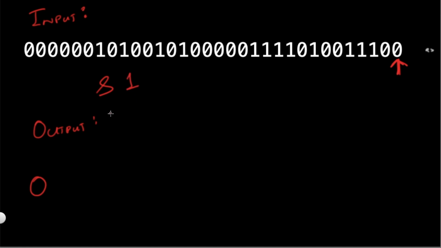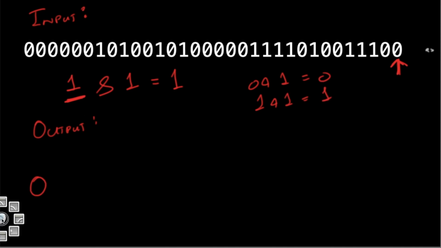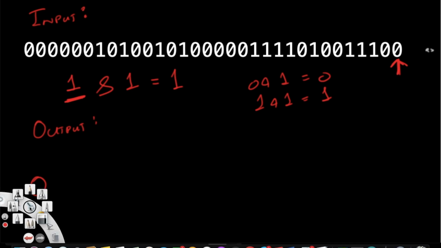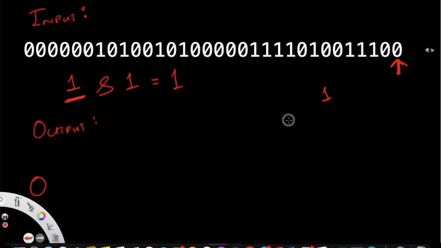We're only going to get a value of 1 when this bit has the value of 1. If we do 0 and 1, we get 0, but if we do 1 and 1, we get 1. We'll use that to find out whether the bit has a value of 0 or 1.